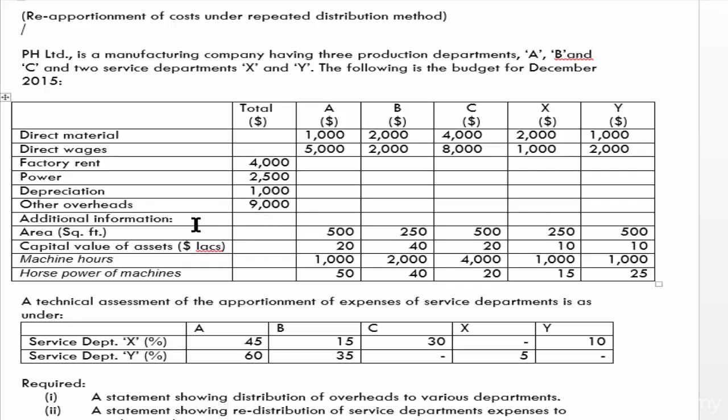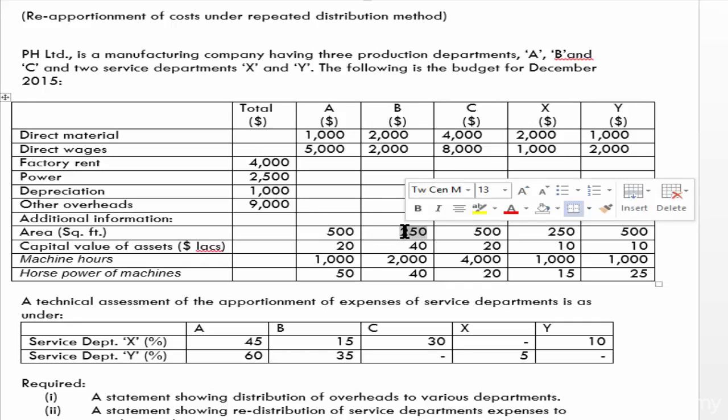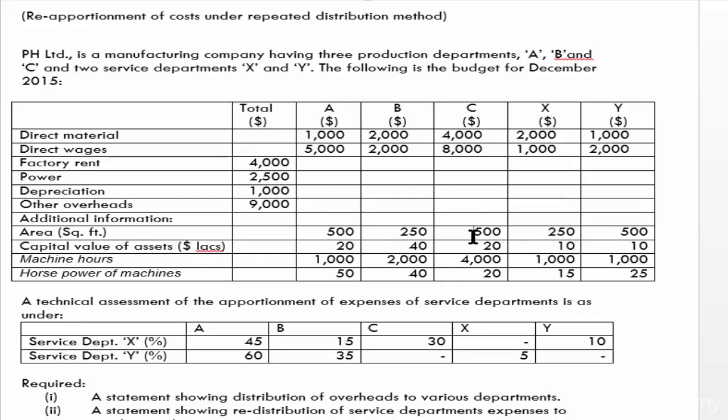So you have certain additional information. You have information about the area in square feet. Department A occupies 500 square feet, department B 250 square feet, department C 500 square feet, and departments X and Y take 250 and 500 square feet.